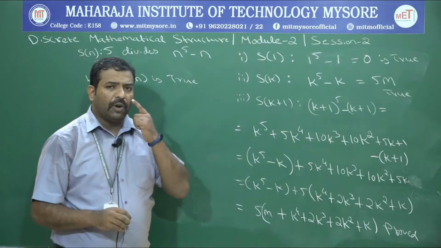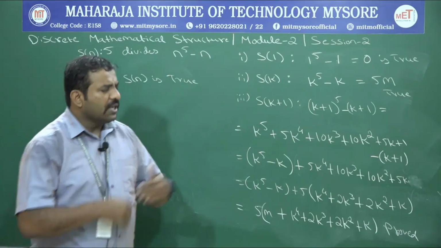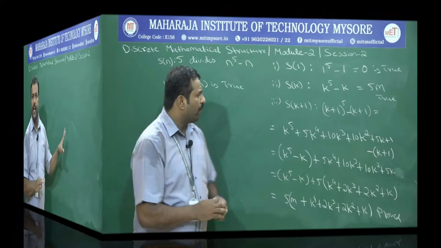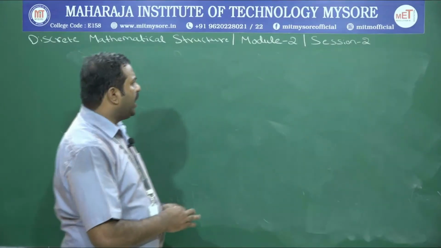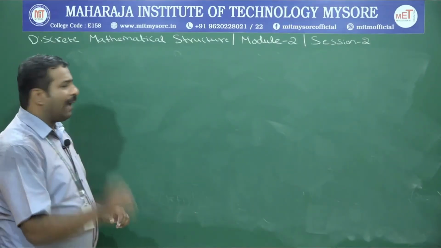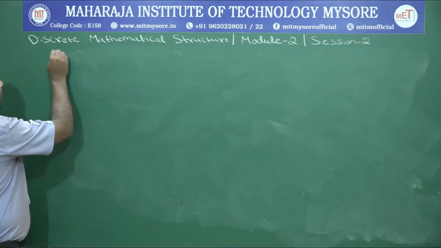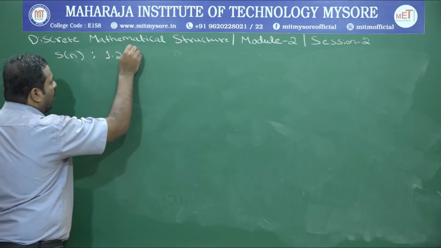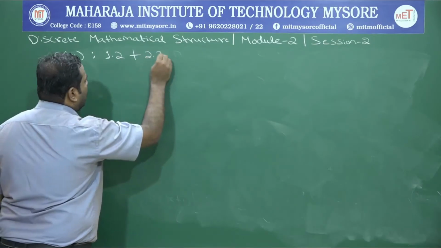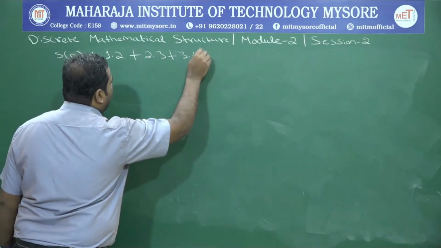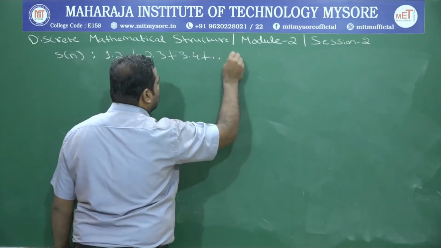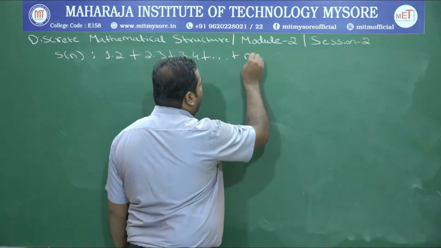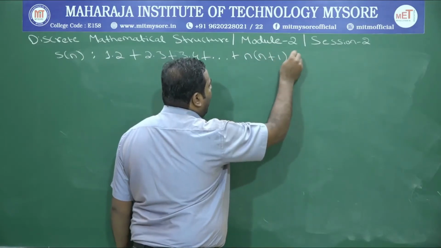So the two problems which I wanted to discuss with you in this session, I'm going to take one more example and let me try to solve that problem too. The next problem I'm going to take is the statement S of n: 1 into 2 plus 2 into 3 plus 3 into 4, and so on, plus until the value of n, which is n into (n plus 1).